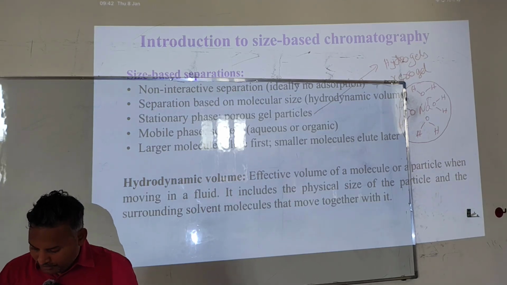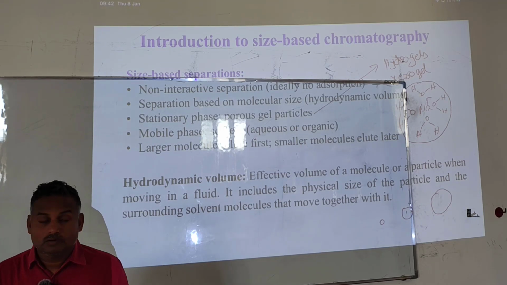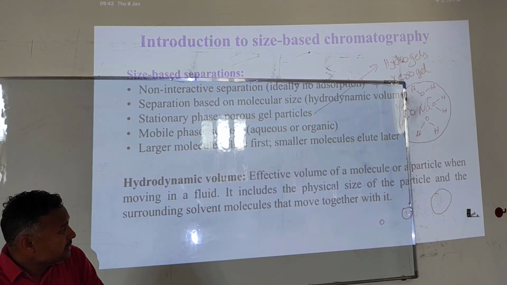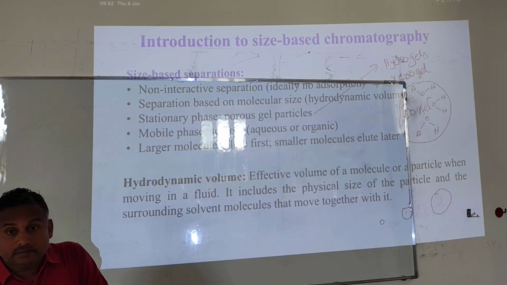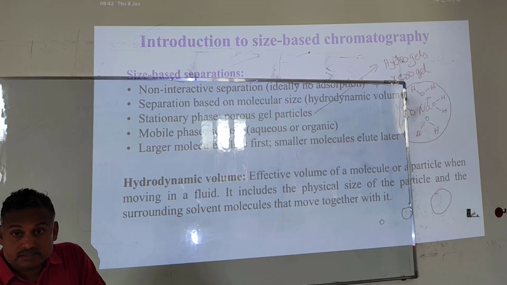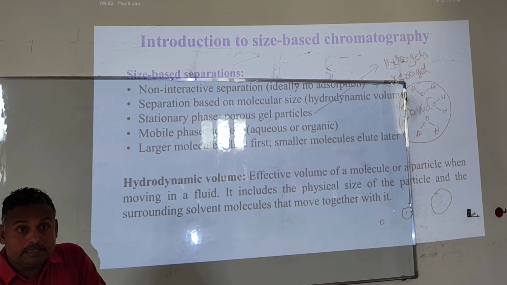For example, if you have the size of the particles like this, smaller, medium and bigger, the bigger one will come out first. And then the medium size molecule, and the smaller size molecule will come at the end.